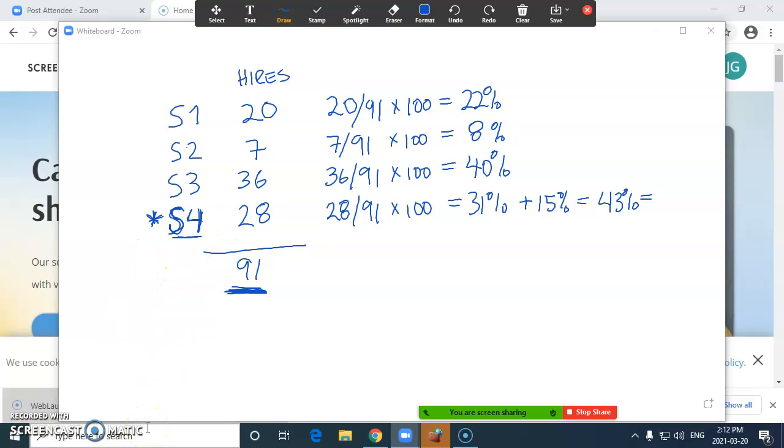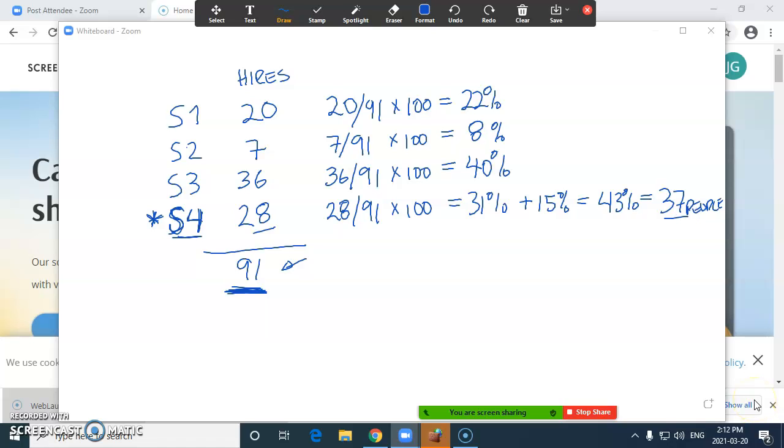So 43% of 91, so we're going to go 43 times 91, and what we come up with is 37 people. So instead of 28, it's going to be 37.